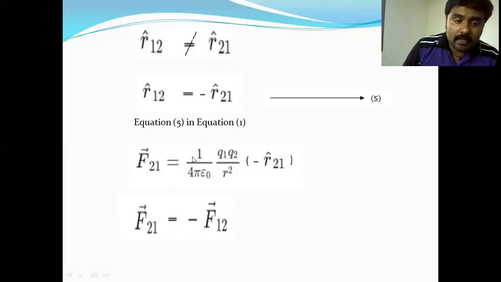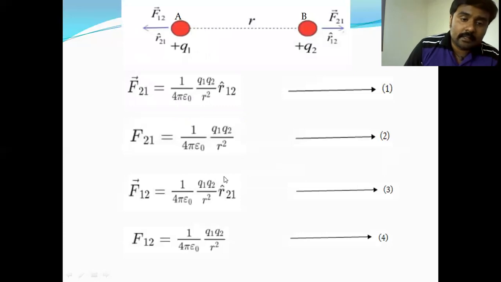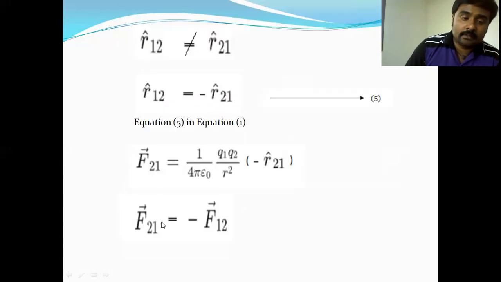So 1 divided by 4 pi epsilon naught Q1 Q2 divided by R square into minus R21 cap. So minus is there as it is, and the remaining is 1 divided by 4 pi epsilon naught Q1 Q2 divided by R square into R21 cap.